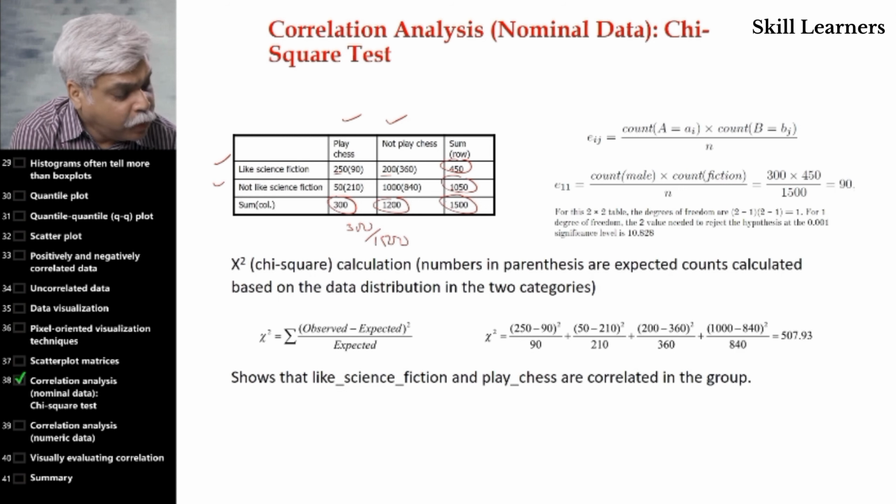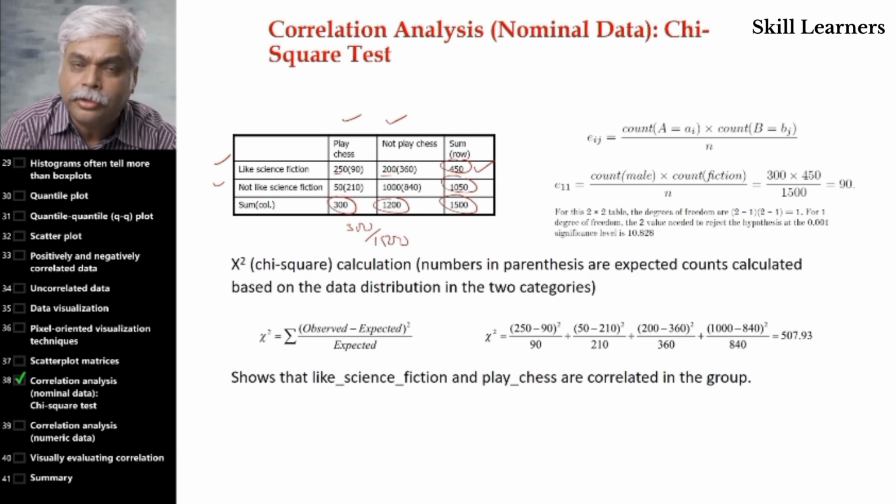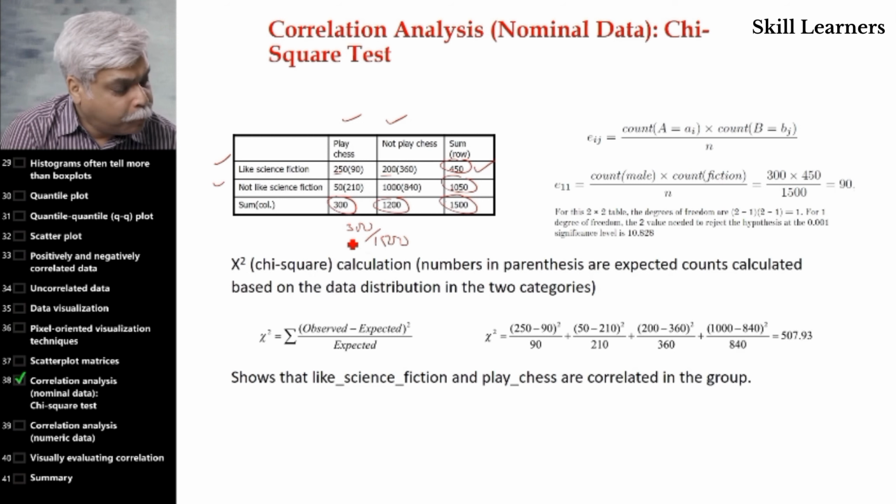Now, if I look at those who like science fiction, and I believe that whether you like science fiction or not has nothing to do with whether you play chess, then the same proportion, 300 by 1,500, of the 450 should play chess.